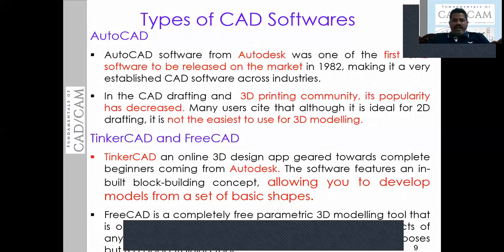It was established CAD software across the industries, but it is obsolete now. To some extent you can use it for 2D drawings, but when you want to create advanced non-planar surfaces like B-spline, toroidal and spherical surfaces, it is difficult using AutoCAD. So AutoCAD is obsolete nowadays.